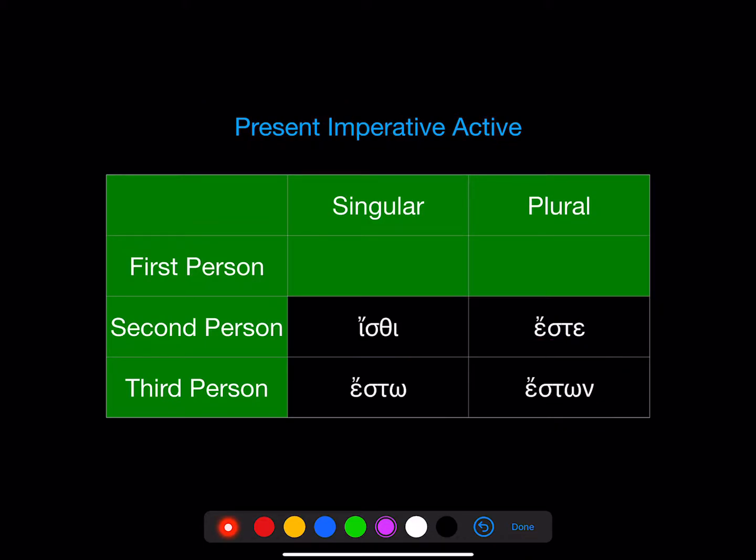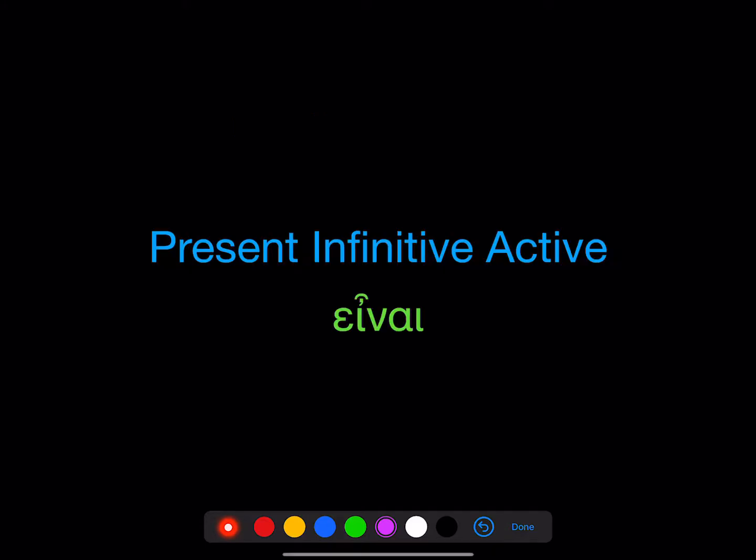Here's the present imperative active: isthi, esto, este, eston. And the present infinitive active, einai. Okay, this final ai counts as short for purposes of accentuation, which is why it's accented with a circumflex. And you can see there's some compensatory lengthening going on there as well.